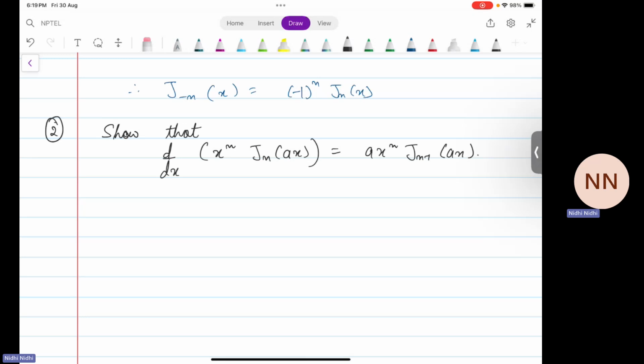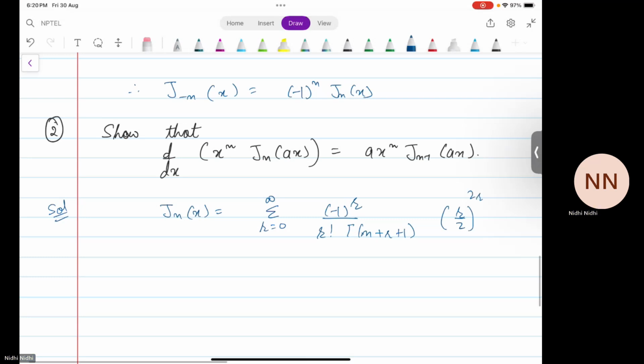Here also, we'll start with the general expression for the Bessel's function. We have Jn(x) is equal to summation r from 0 to infinity, minus 1 to the power r, r factorial gamma n plus r plus 1, x by 2 to the power 2r plus n.